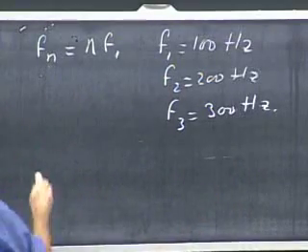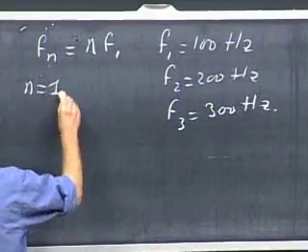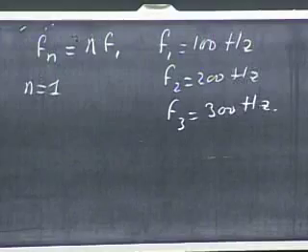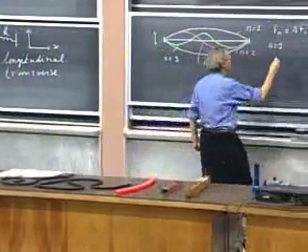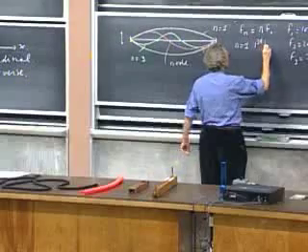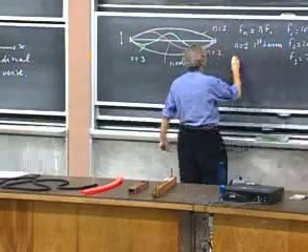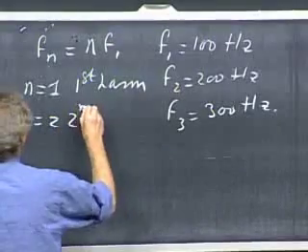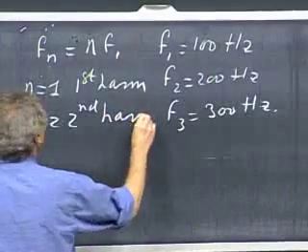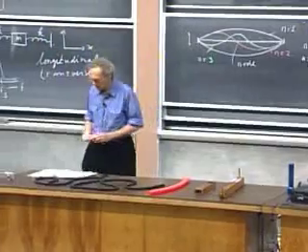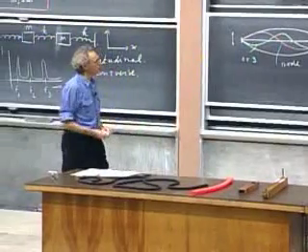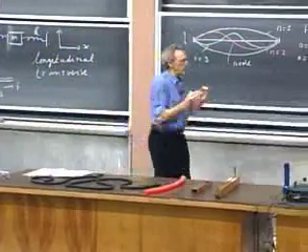We call n equals 1 the first harmonic. Some books also call it the fundamental. I will call it the first harmonic. And we call n equals 2 the second harmonic, and so on. N equals 3 is the third harmonic. So we're going to get a series of discrete frequencies which are equally spaced.